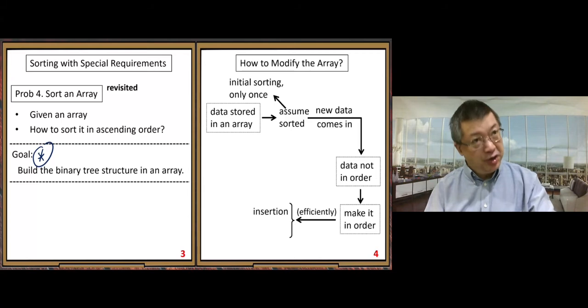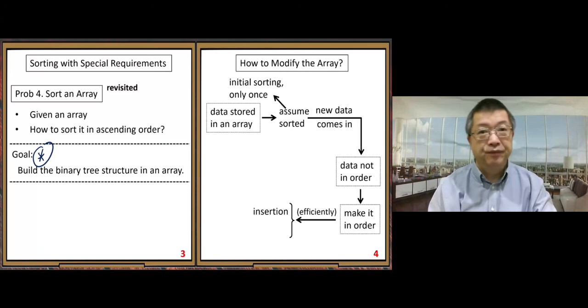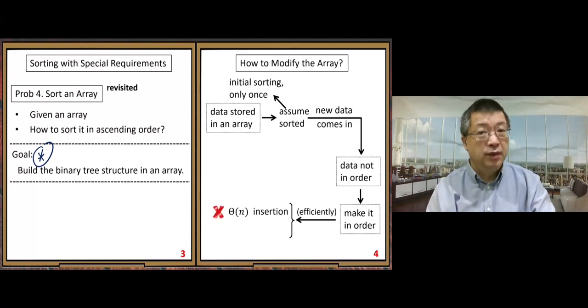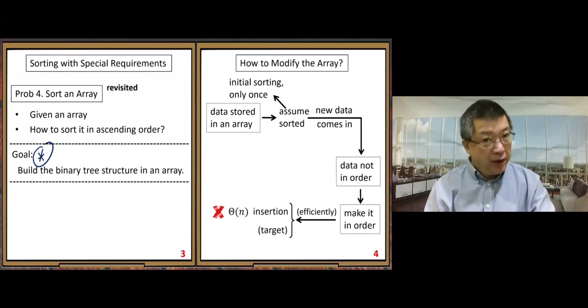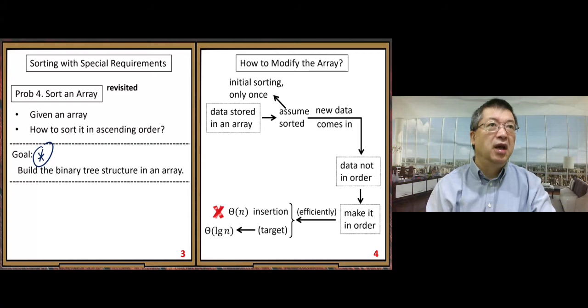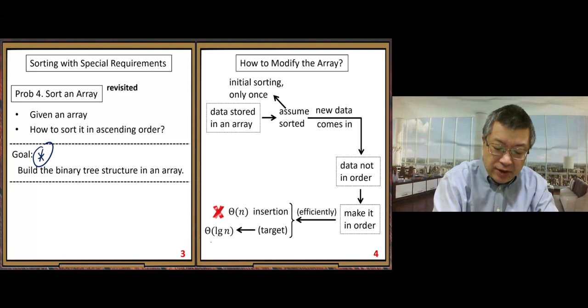Let's look at the insertion operation. Our current insertion, in our insertion sort, is big theta of n. We don't like it. Too slow. So we drop this idea. Our target is to get logarithmic efficiency, big theta of log n, and we know the binary tree structure can help us get that.